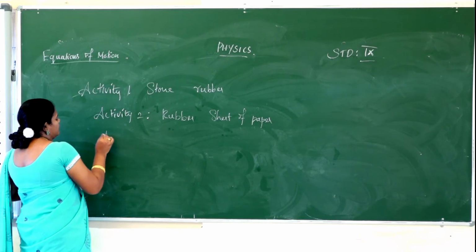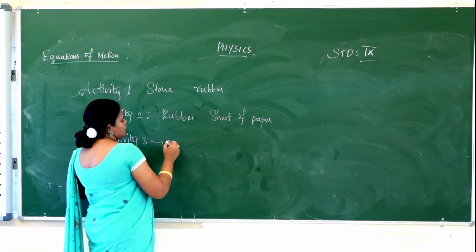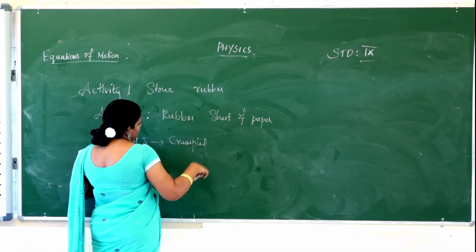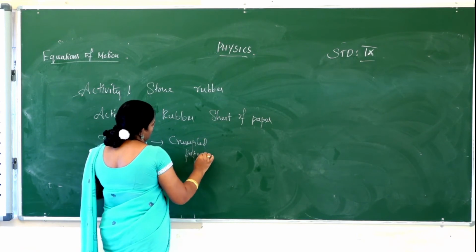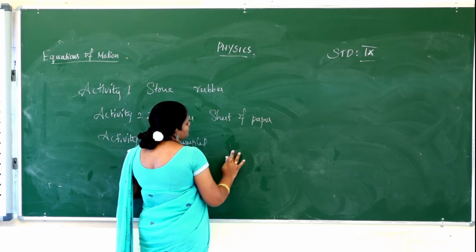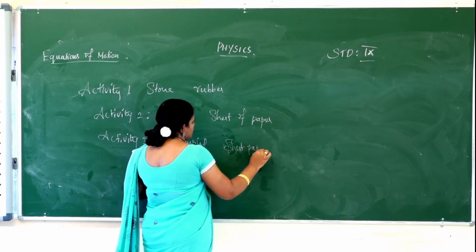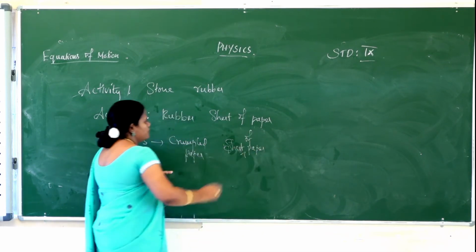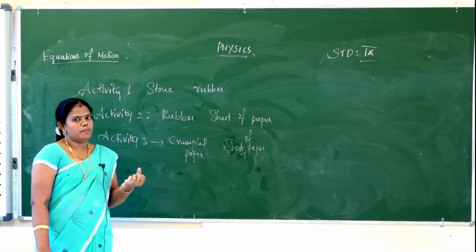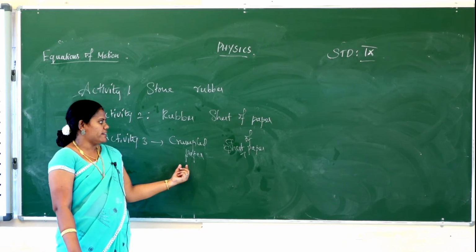Activity 3: scrambled paper and sheet of paper. Which one reaches down first? That is the scrambled paper, because the air gives slightly smaller resistance to the scrambled paper than to the sheet of paper.